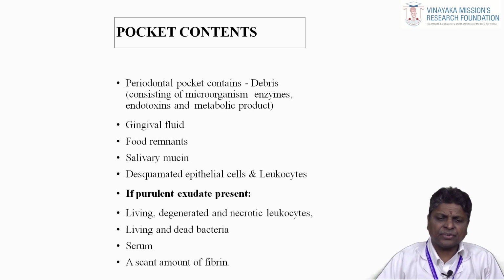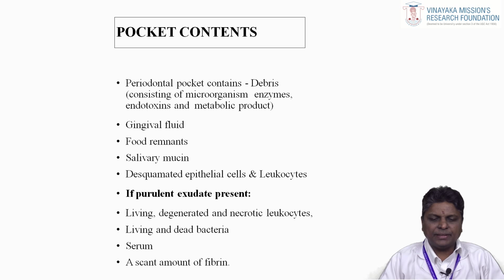Now we are coming to the area called the content of the pocket. The pocket is not very acutely or seriously inflamed. We can see the debris. Debris is nothing but microorganisms, their own products, endotoxins, and metabolic products.